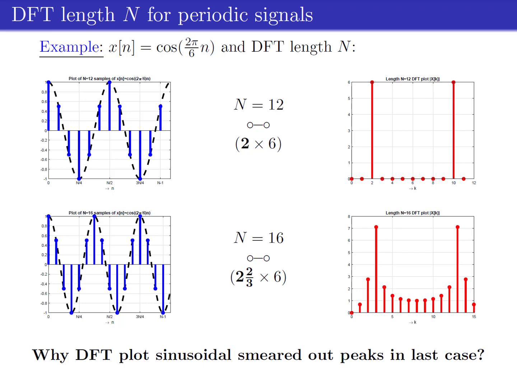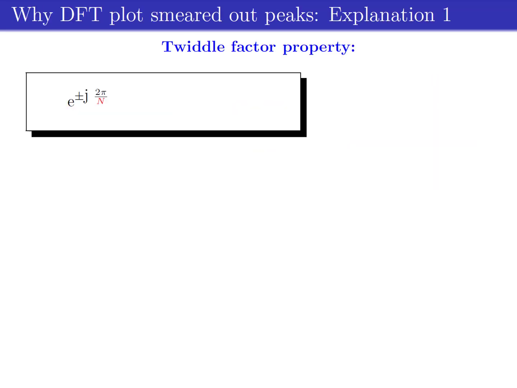The first explanation is a mathematical one, the second a more physical one, and the third is a mix of these two. In the first explanation, we use the twiddle factor property, which has been discussed in a previous video.